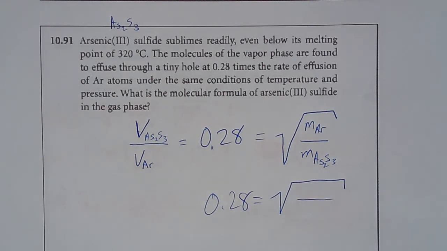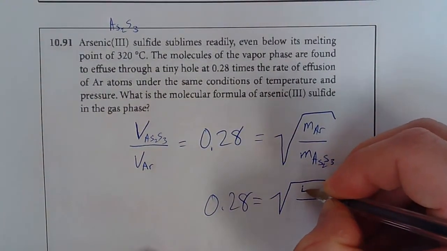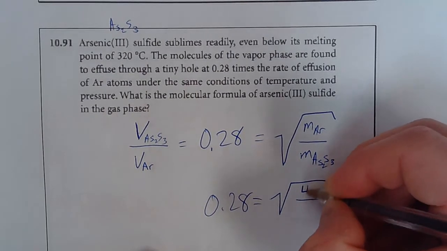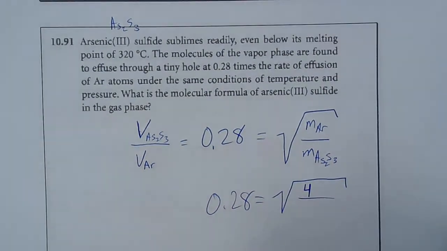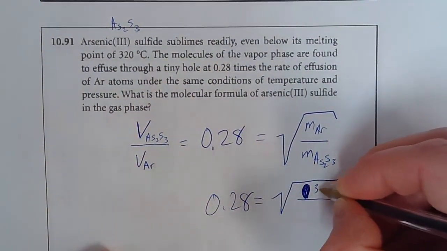And we have a way to do that here because this is the ratio of the molar masses of the compounds, or it could be a ratio of the densities. Either one would work. But with that on here, we know the molar mass of argon is 40 point something, 39.948.